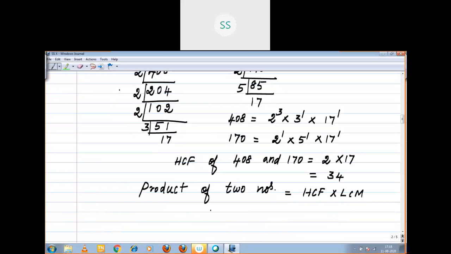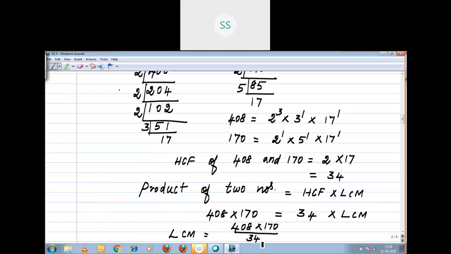What are the numbers you have? 408 into 170 equals the HCF you arrived at, 34, into LCM. Now, LCM equals 408 into 170 divided by 34. Now we have to divide. Got it, children?